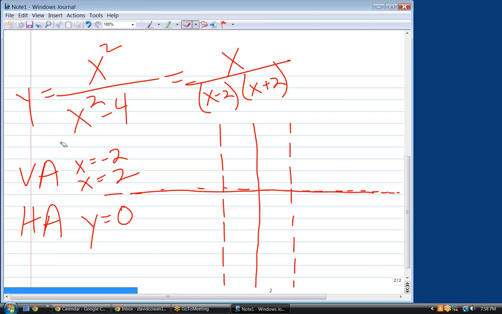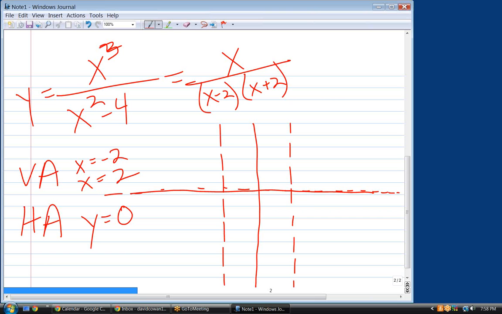And the only other scenario is where the degree in the numerator is higher than the degree in the denominator. In other words, we'll make that x cubed. And what you do here is you actually do the long division. You go ahead and divide that into that and deal with the answer.